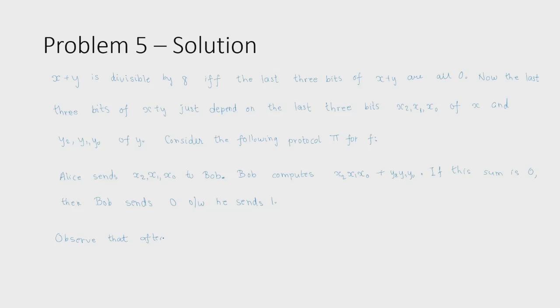After the protocol is executed, the value of the function is clear to Alice and Bob, right?